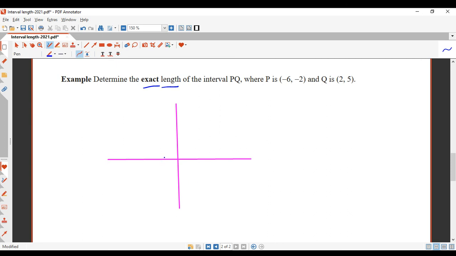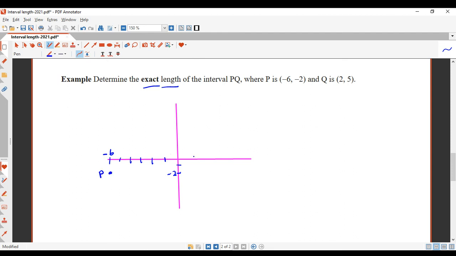So 1, 2, 3, 4, 5, 6. Minus 6 is there. And then minus 2 is just there. I'll make minus 6 there. So there's my point, my first point, P.